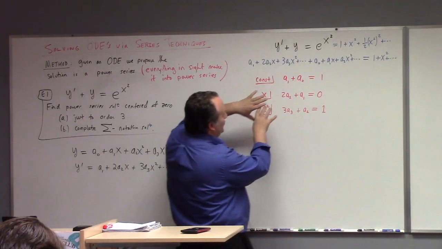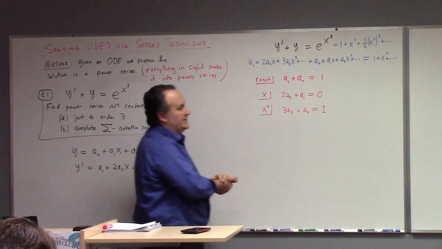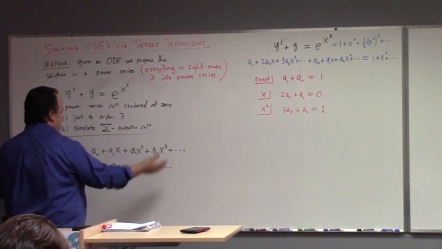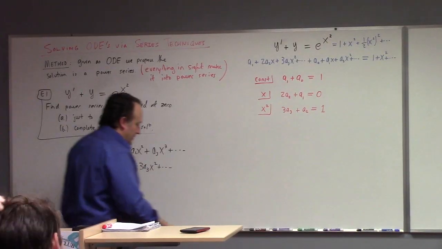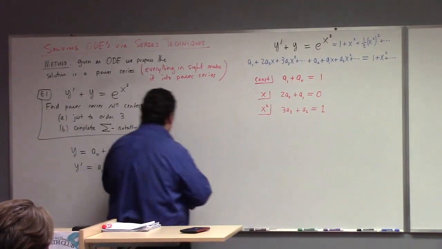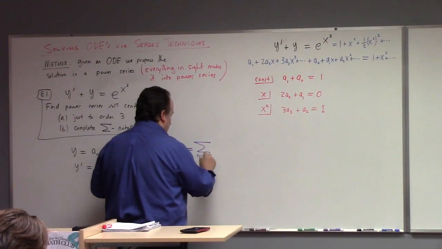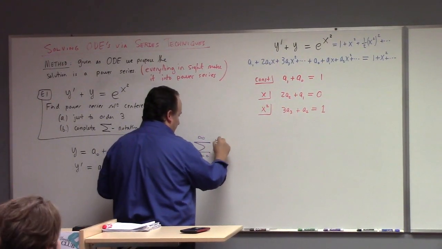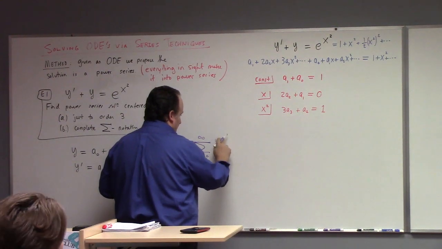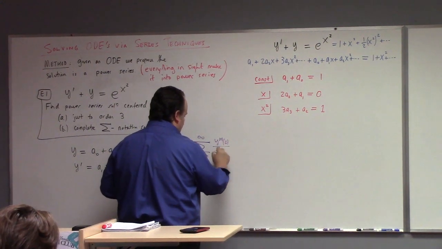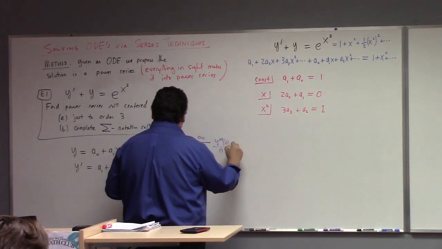So which constant is the most natural one to use? What's the significance of the constants here? Do you guys remember how this relates to Taylor's theorem? It's the sum from n equals 0 to infinity of the nth derivative of y evaluated at 0 divided by n factorial times x to the power n.